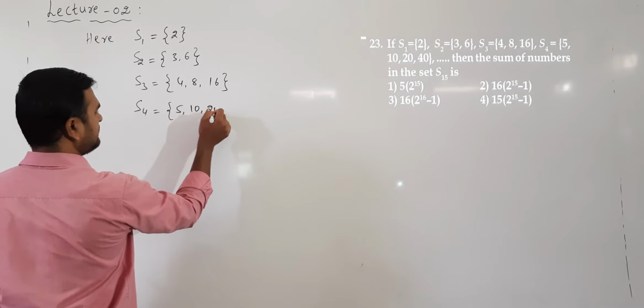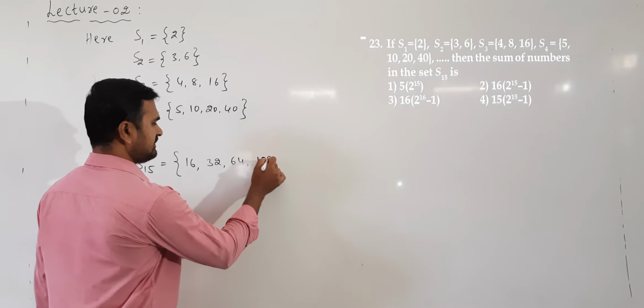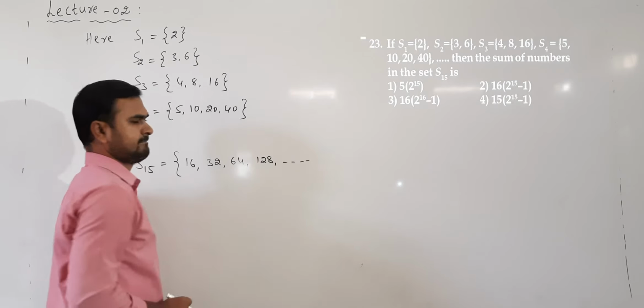So each term we get by multiplying the previous term by 2. Since this is 16, the next term will be 32, again multiplied by 2 we get 64, next we get 128 and so on.